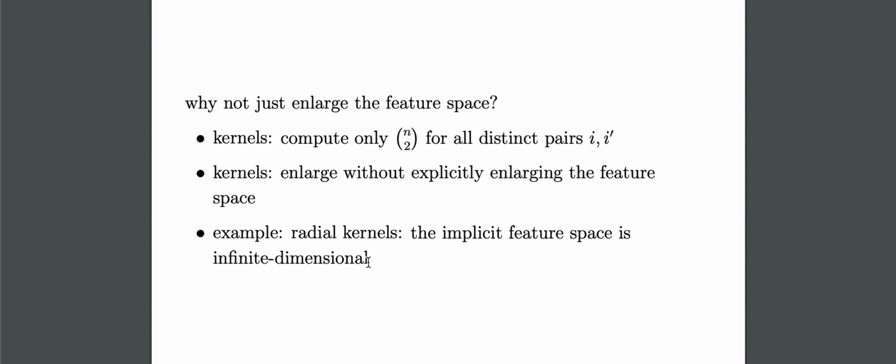So we are benefiting from everything that comes with enlarging the feature space, that comes with adding nonlinear features, without having to pay the extra computational cost caused by working in an enlarged feature space.